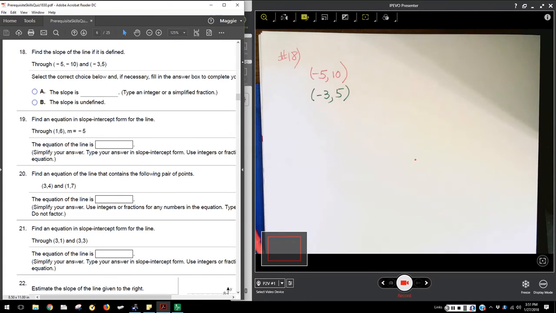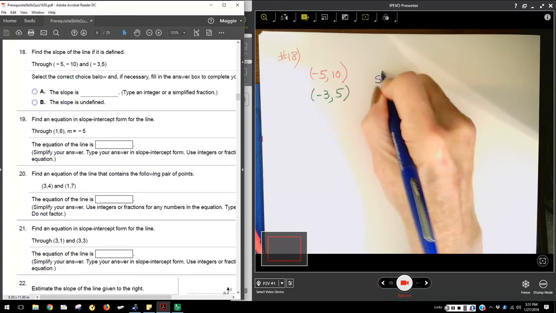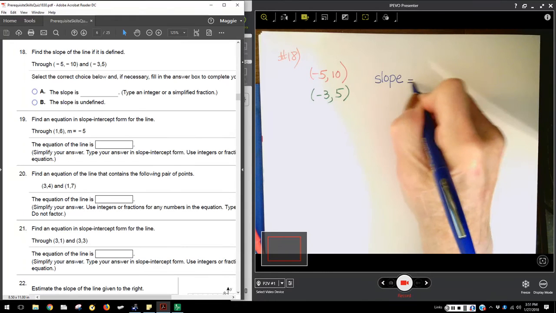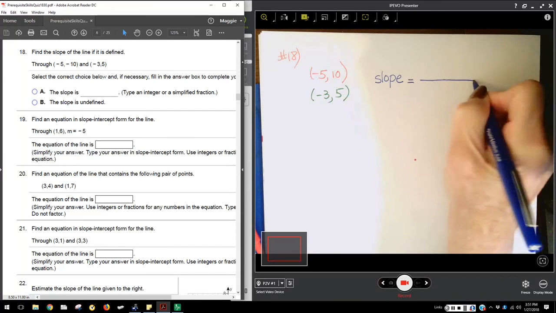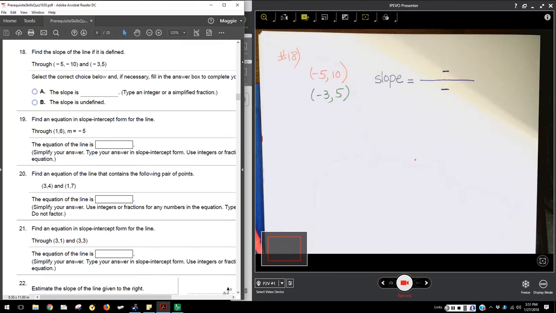you have memorized slope is rise over run, or some formula about x1 and x2. The only thing you really need to remember about slope, how you find slope, is that it's the difference in the y's over the difference in the x's.